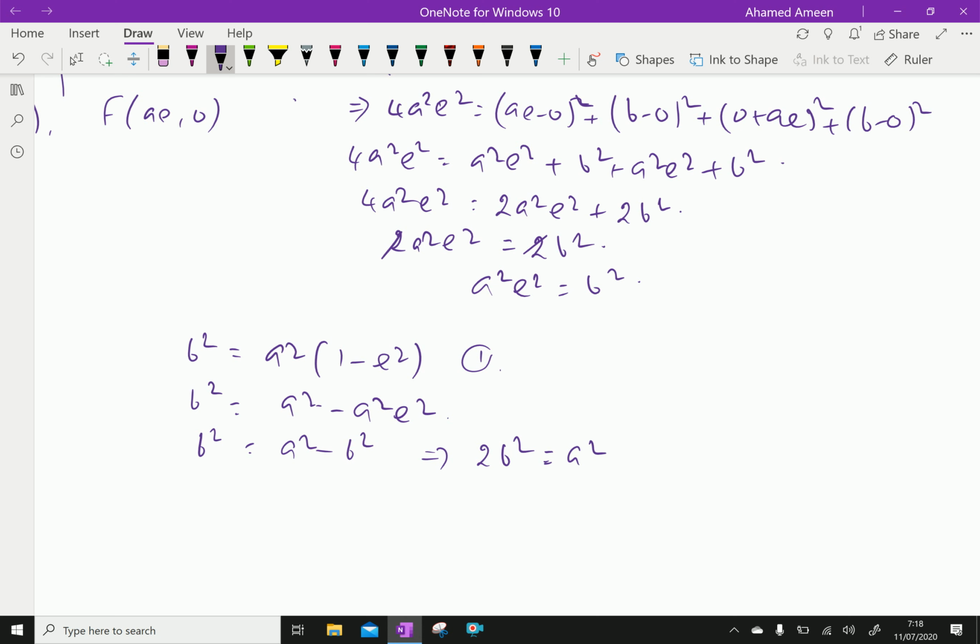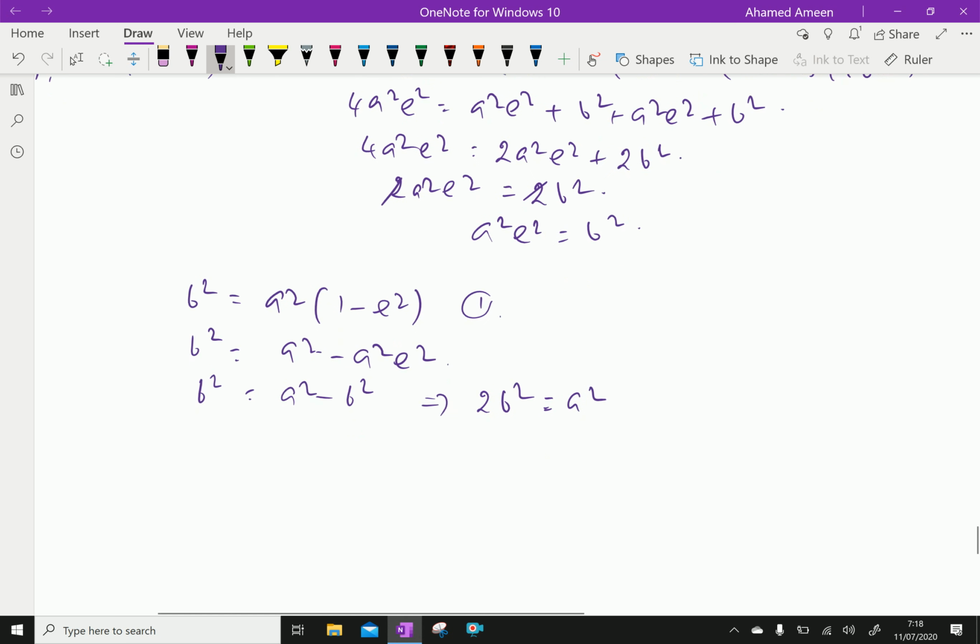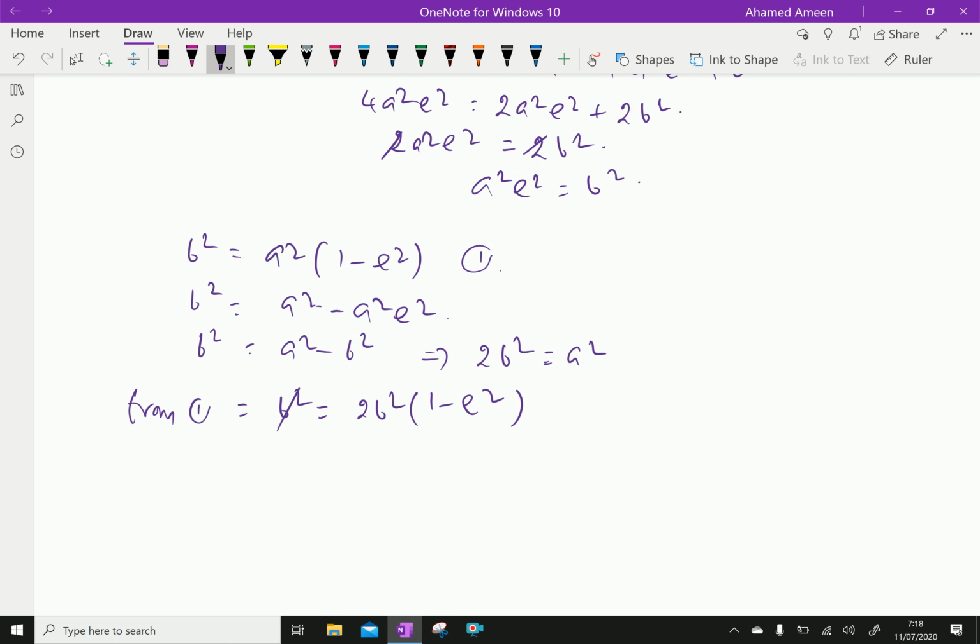Therefore you can write from 1, B squared equals A squared, that is, for A squared you can write A squared is 2B squared, 1 minus E squared, then B squared and B squared cancel, therefore which gives 1 minus E squared equal 1 by 2.